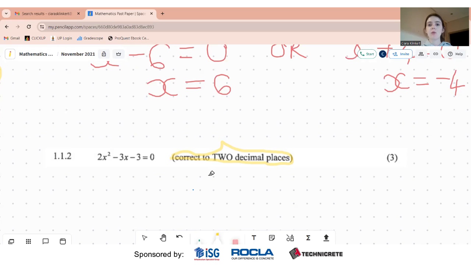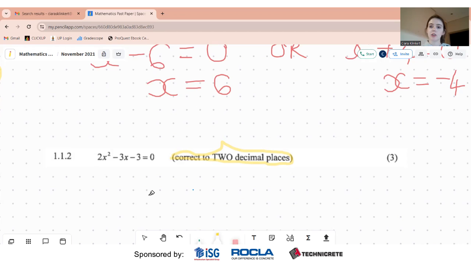However, when we need to use the quadratic formula is when we cannot factorize the expression in the quadratic equation, the expression on the left-hand side. And because we cannot factorize it, we will always get answers that are not whole numbers. So that is why they said correct to 2 decimal places here. And if you see this, it's immediately a hint that you should do the quadratic formula.